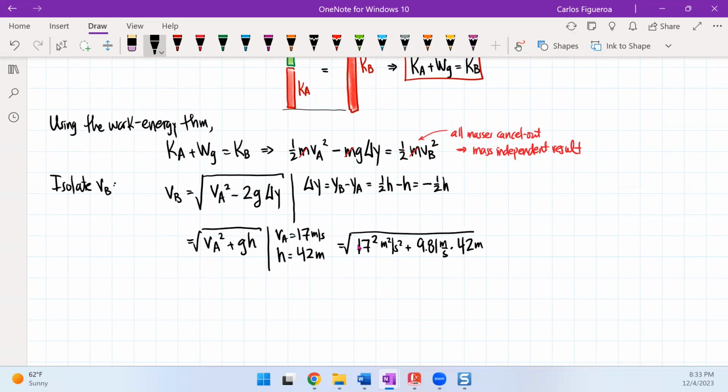Now I'm going to square root this quantity. And when I compute the whole thing, I get 26.5 meters per second, and that's going to be the speed at point B.